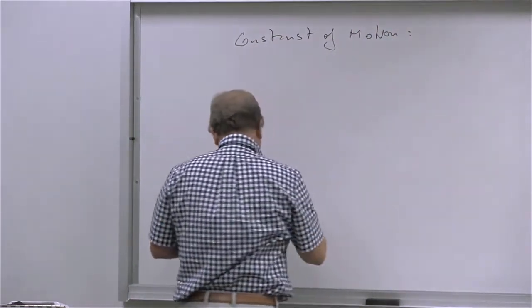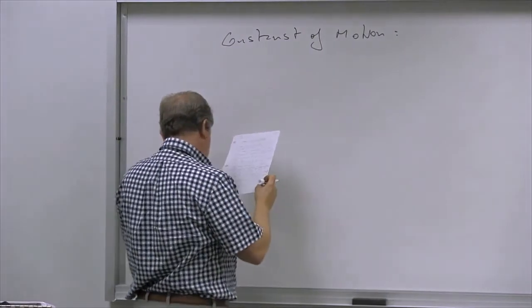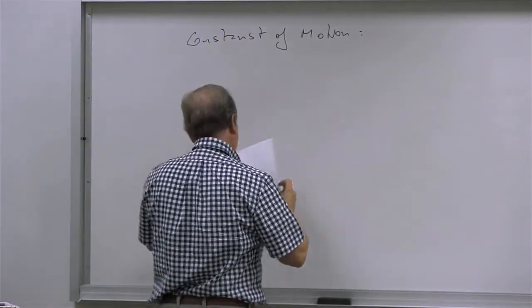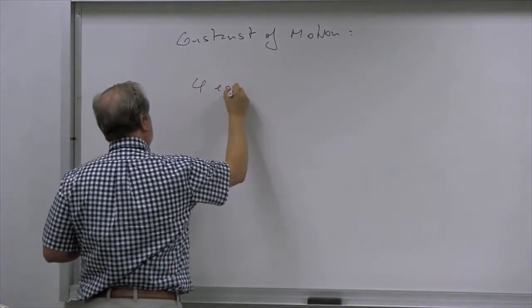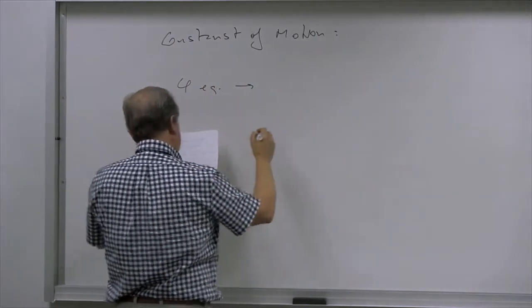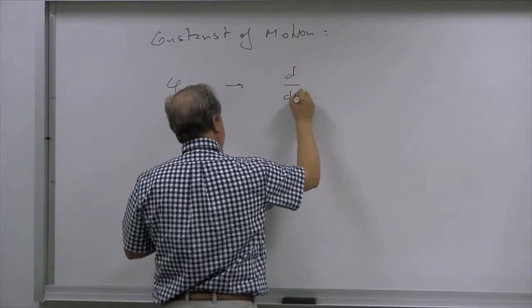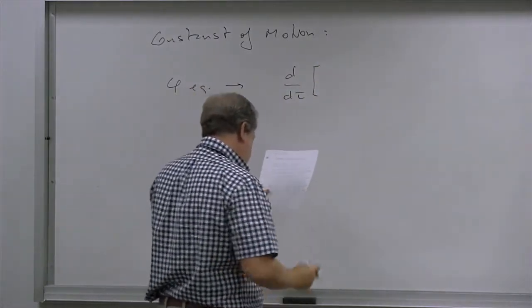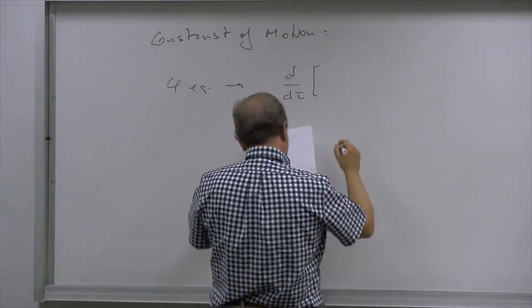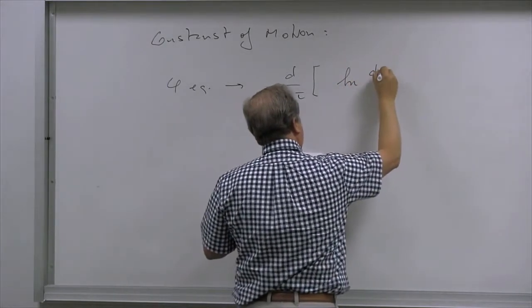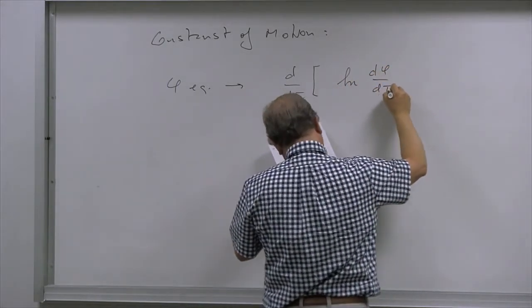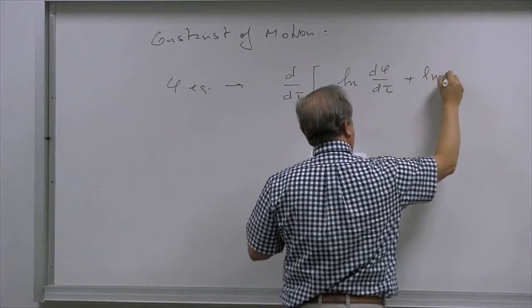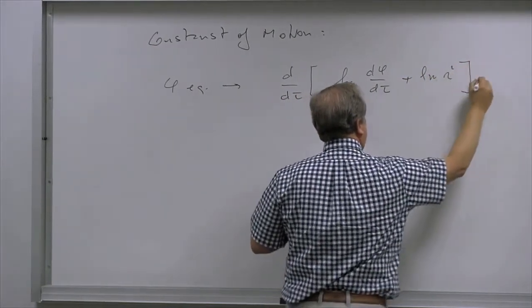From the theta equation and the phi equation, we can write this as a derivative with respect to tau of something equal to 0. And that something is the log of d phi by d tau plus the log of r squared, and this is equal to 0.